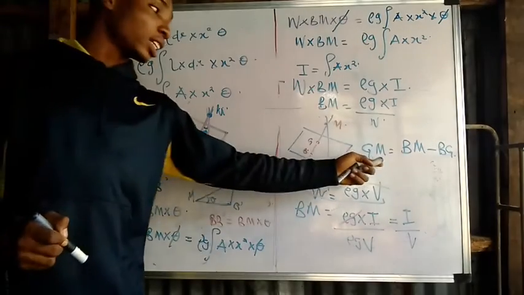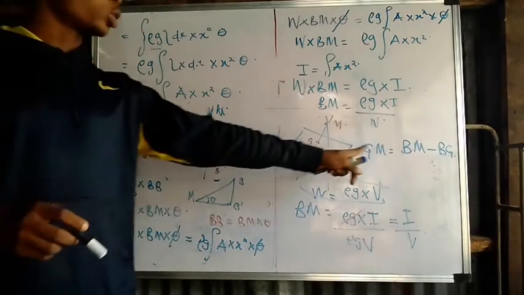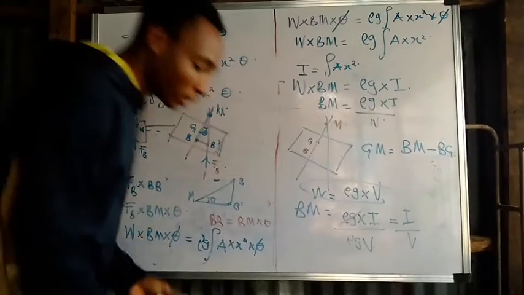Now since the metacentric height, which is what we are looking for, is equal to BM minus BG, we can successfully say that GM is equal to BM minus BG. BM, which is I, the moment of inertia, divided by the volume, gives I divided by V minus BG.